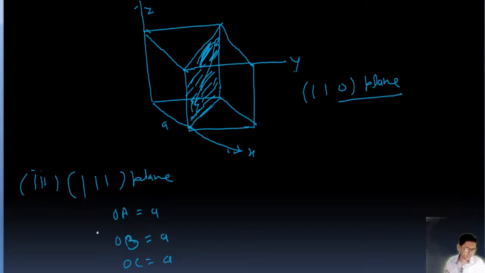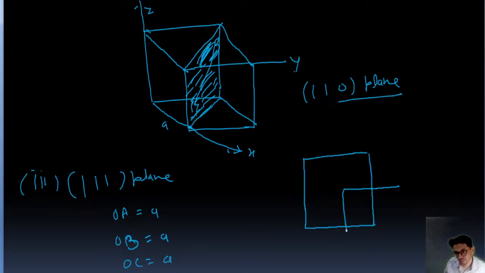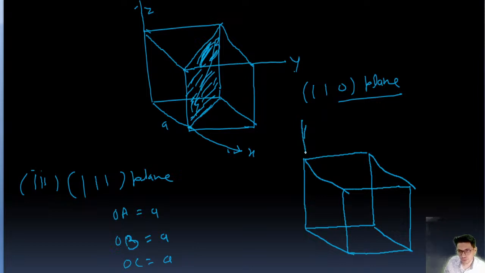So now we'll find the plane which intercepts X, Y, Z at A. So I'm going to show here. I can choose the origin at any point, so I'm choosing the origin here.